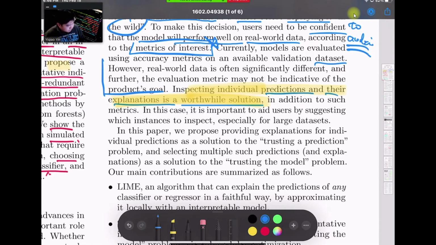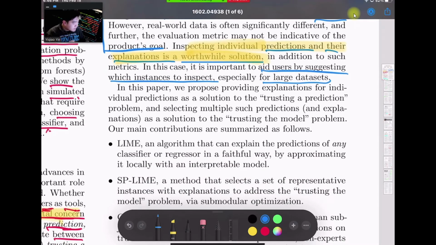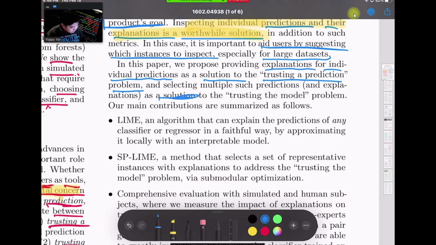Okay, so let's keep going. In this case, it's important to aid users by suggesting which instances to inspect. Okay, that's also tied up to their central theme, especially for large datasets. Okay, that's great. In this paper, they propose the following. Explanations for individual predictions as a solution to the trusting prediction problem, and selecting multiple such predictions as a solution to the trusting model problem.